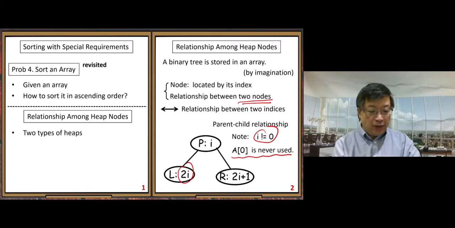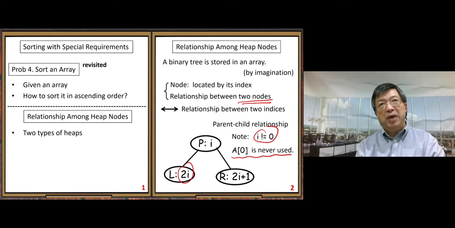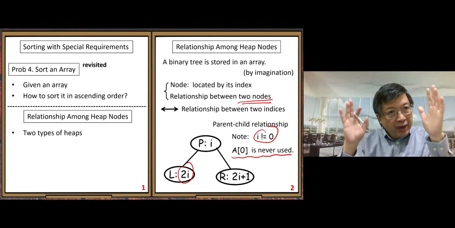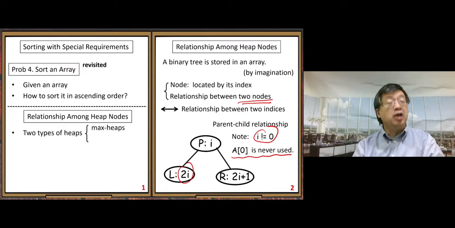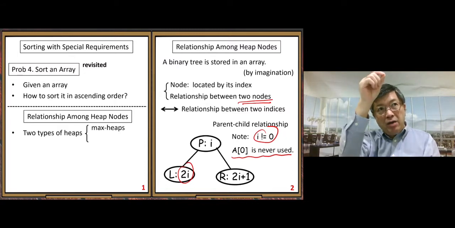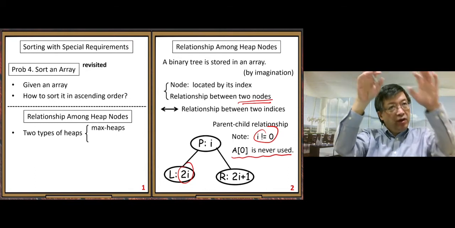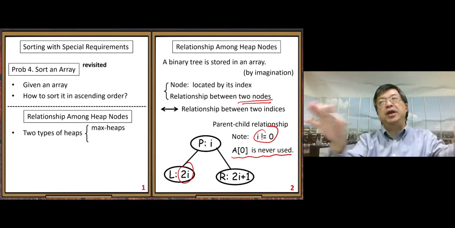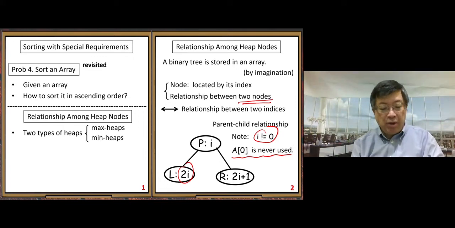What kind of heap property do we want to have? First, there are two types of heaps. Basically, when we organize our data, there are two different types we can do. The first type is called the max heap. In a max heap, the maximum element is at the root of the heap. And the remaining nodes will follow some special heap property. Second type, min heap.